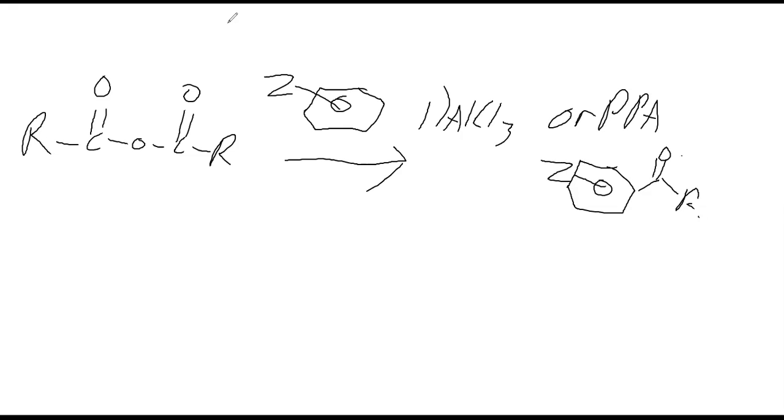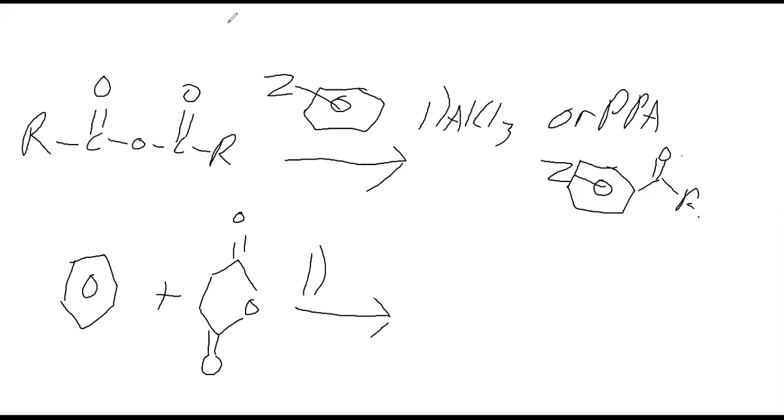In fact, we can use our cyclic anhydrides, and they will ring open to add onto there. And you can use that with aluminum chloride.